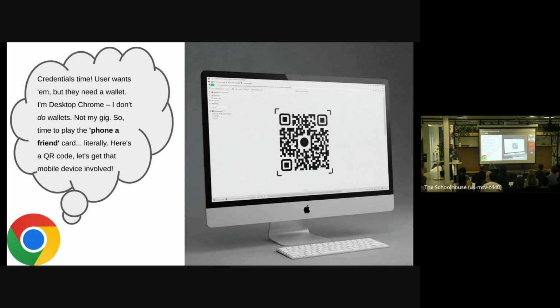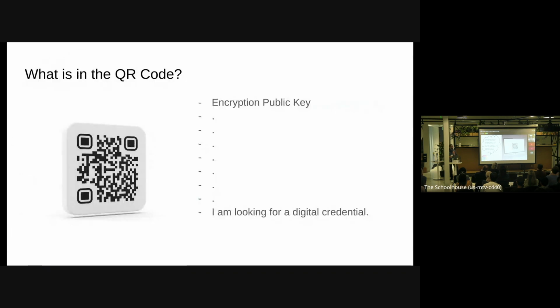So let's actually phone a friend, literally, to get that information. So how to do that? Let's display a QR code such that we inform the mobile device about what we need. There is a lot of information in this QR code, but the two most interesting for us are the encryption public key. Chrome desktop will say, this is how we should communicate securely together. And also a hint that we are requesting digital credentials. And this is how the phone would know what exactly is being requested.